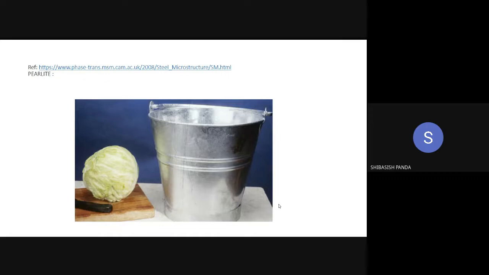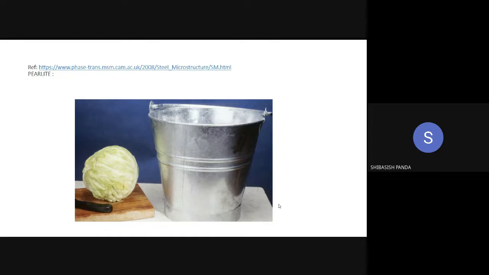That means the moment you put the cross section of a cabbage into the water, you understand cabbage is one phase and water is another phase. You got the point? It will look like one phase, then another phase, then another, right? Alternate phases will be there.